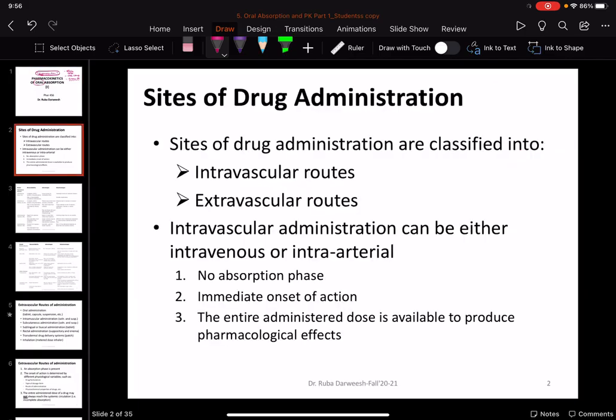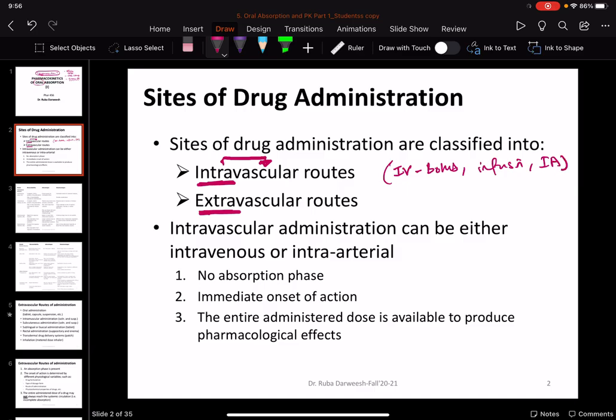When we talk about the site of action or the route of administration of the drug, we can divide it into intravascular and extravascular routes of administration. And from the name of it, intravascular means inside the vascular system, such as intravenous, either intravenous as bolus or intravenous as infusion, or intra-arterial.